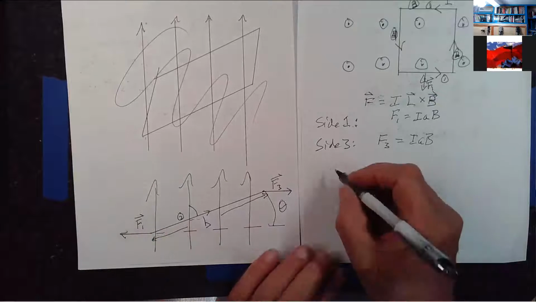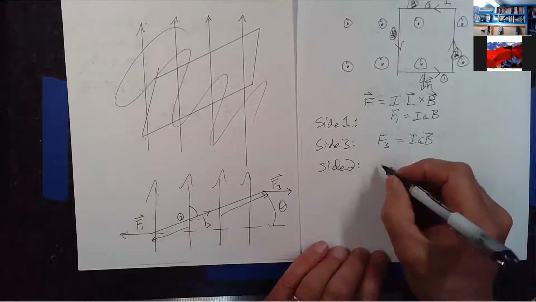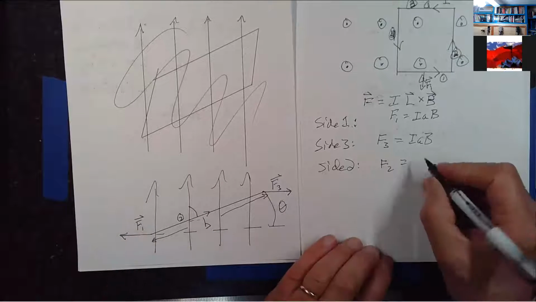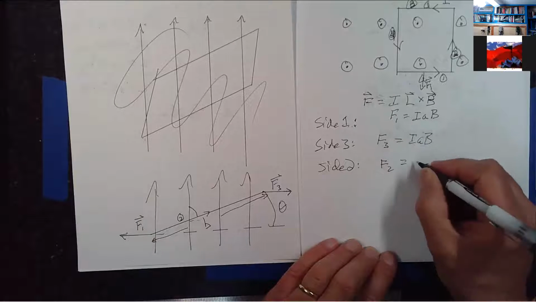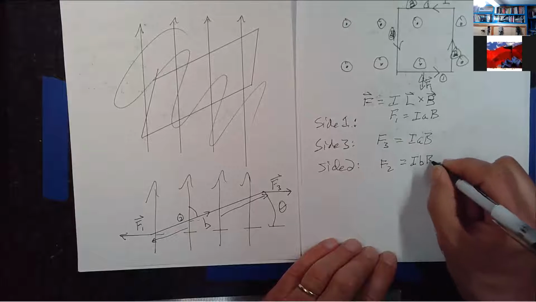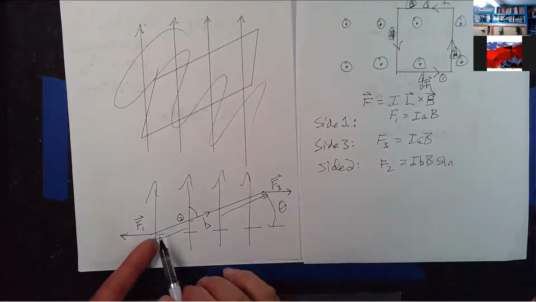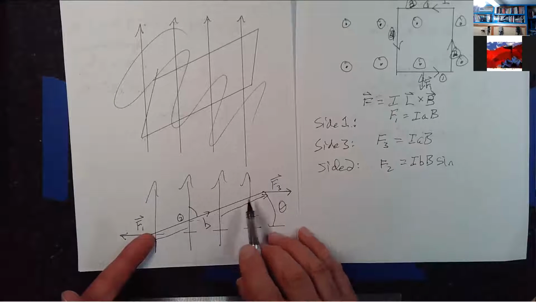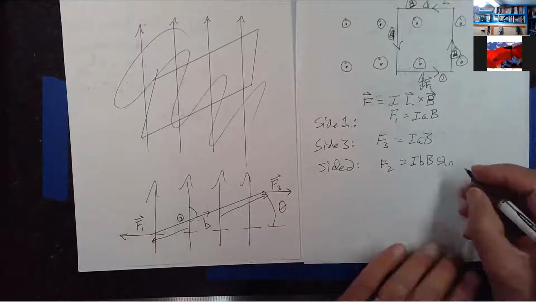And the force on 2 in magnitude, F2 will equal, well, it's got a length of b, so that's the IL magnitude there. So I little b in this case, and then capital B, and the sine of the angle between IL and B will be 180 minus theta.